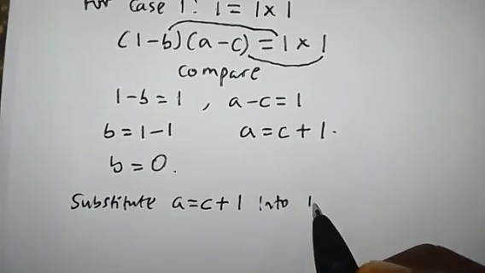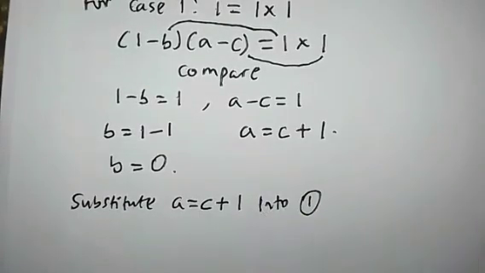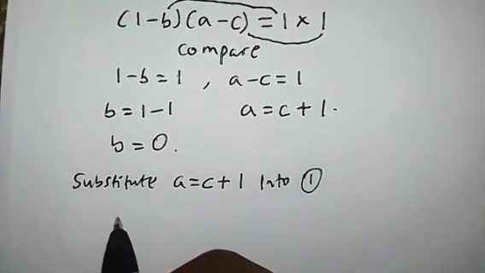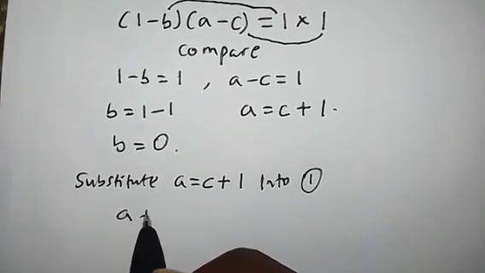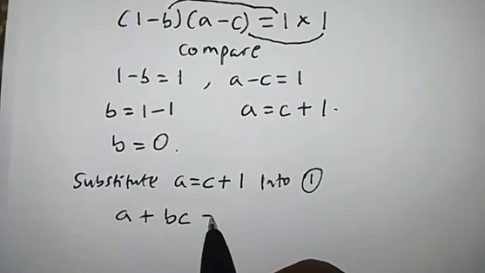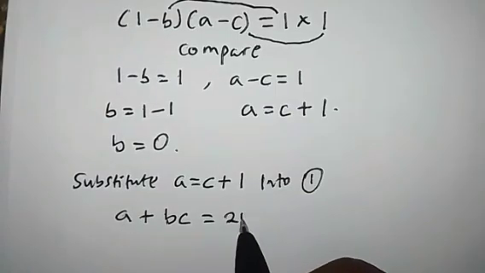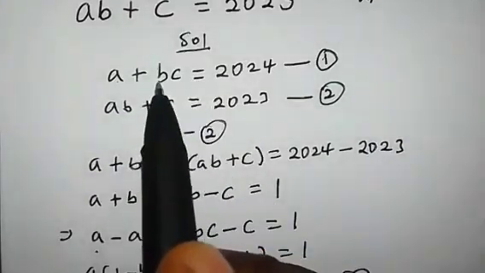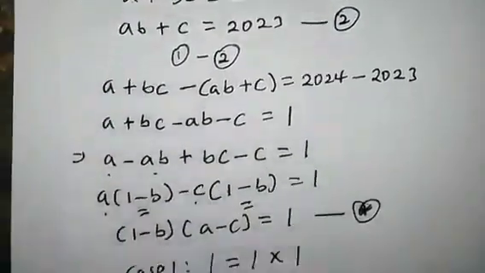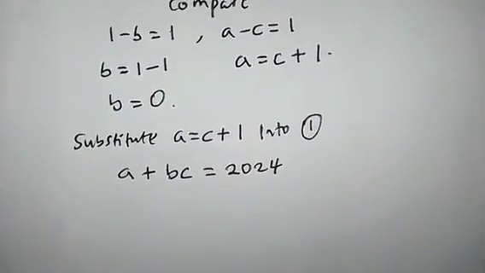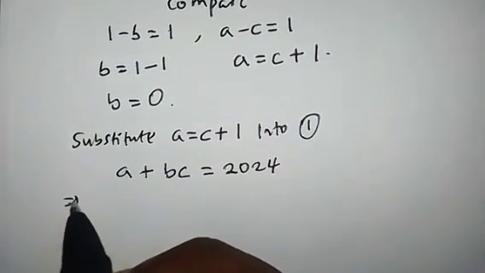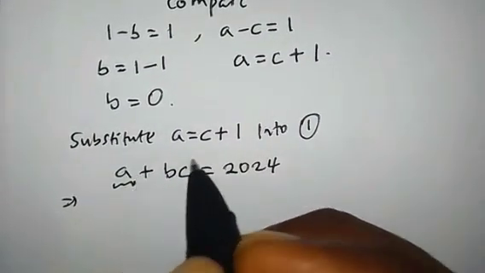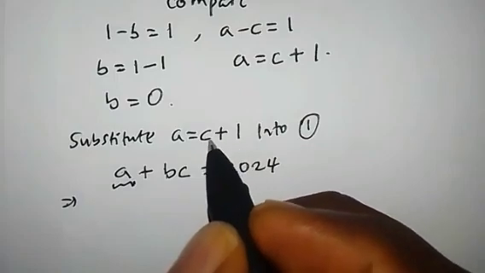into equation 1. Equation 1 is A plus BC equal to 2024. Let me show you. You can see this is equation 1. Let's proceed further. So this means that in place of this A now, we will replace it with C plus 1.